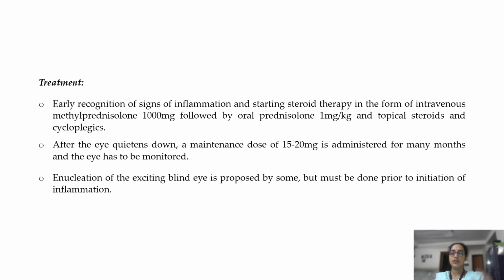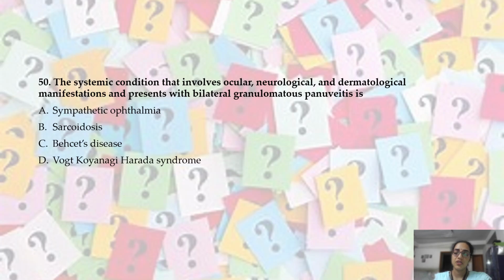If you enucleate the eye which has no visual potential, just so that it won't cause sympathetic ophthalmia in the other eye, that doesn't work. So already the choroidal antigen has been exposed to the immunity. So there is no point in enucleating this eye. Okay, so even after the inflammation begins, if you enucleate the exciting eye, there is no use. So the only treatment is to give immunosuppressives and steroids.